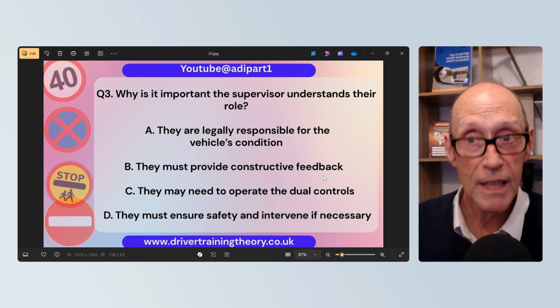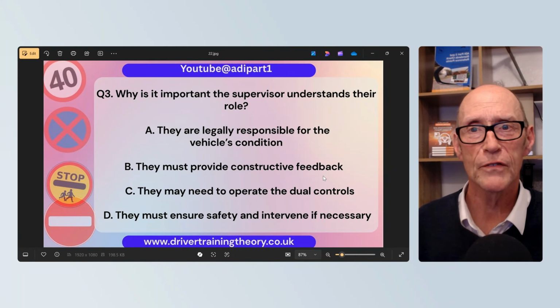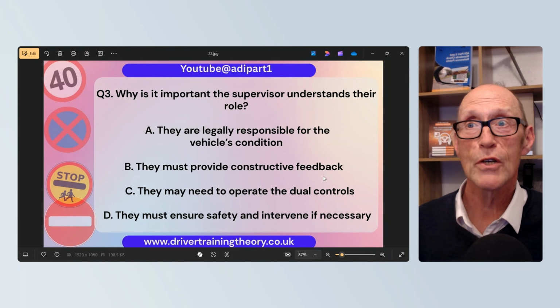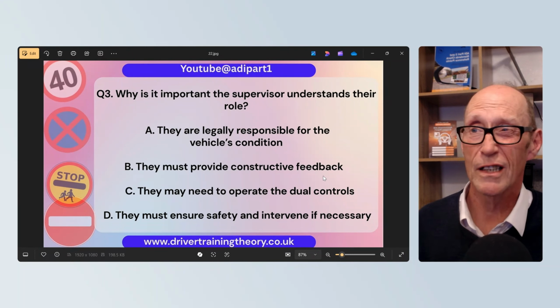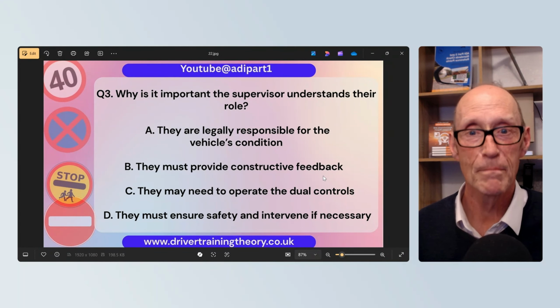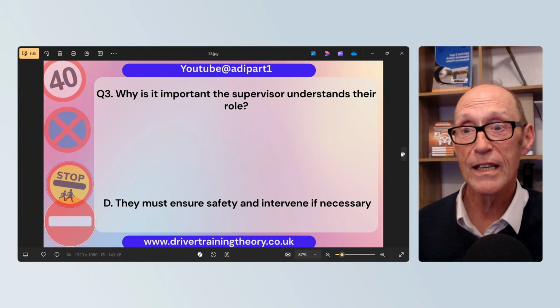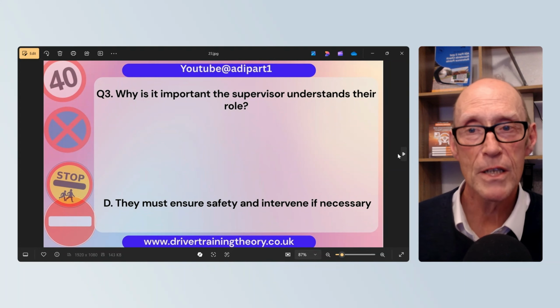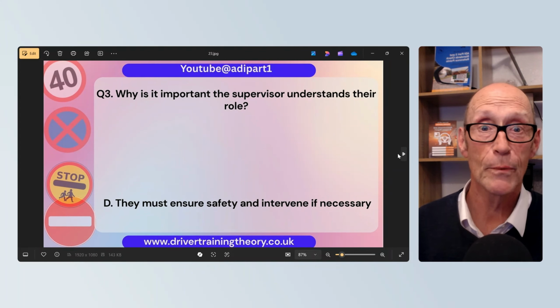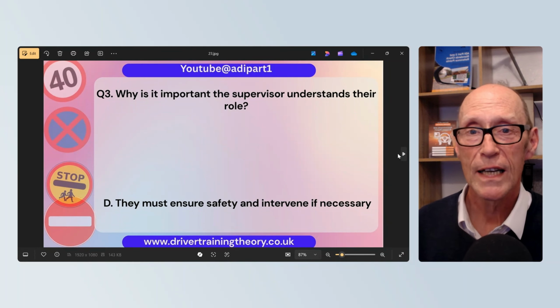It would be nice if they provided constructive feedback, but very often, taking private practice, those who are supervising drivers aren't that sure of the road rules or can't remember them themselves. So the actual answer is D. That they must understand they need to ensure the safety of the vehicle and the people and intervene if necessary.